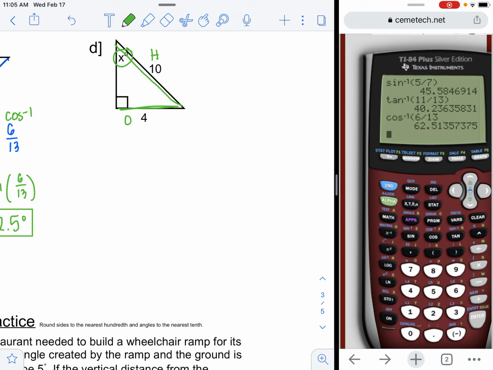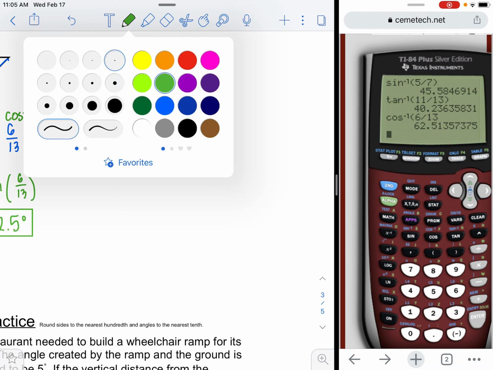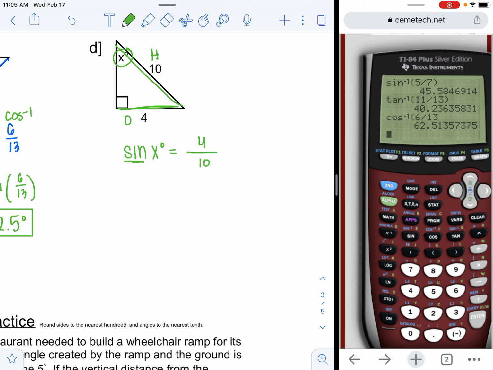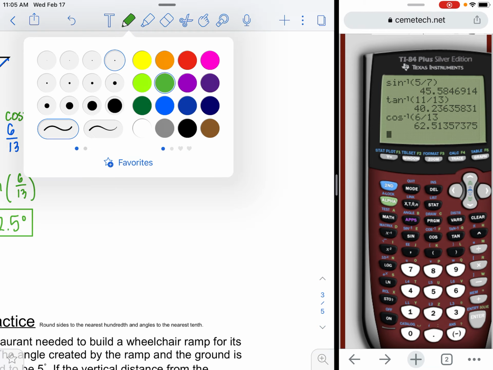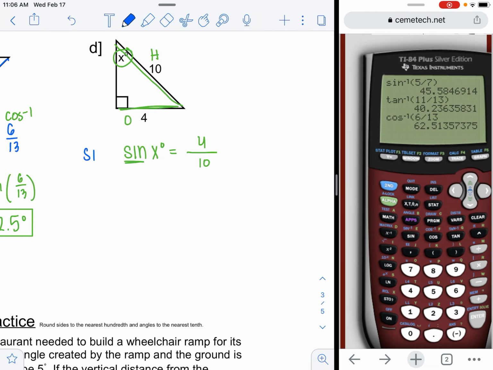Last one. Here's my angle. This right here doesn't touch it at all. That's opposite. This right here touches it, but it's the hypotenuse. O and H, we use sine. Sine of the angle equals opposite over hypotenuse, 4 over 10. If you look, this is the problem we started with.